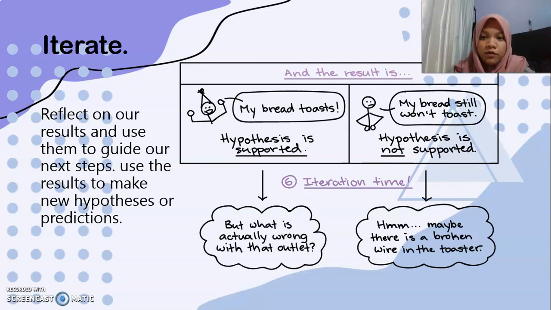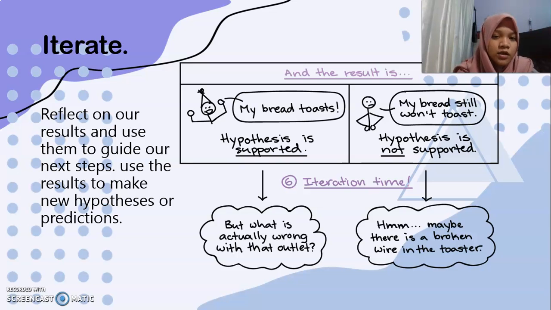The next one is iterate. Reflect on your result and use it to guide our next step. Use the result to make new hypotheses or predictions. So, the result of our test on the prediction is that it is either supported or not supported.